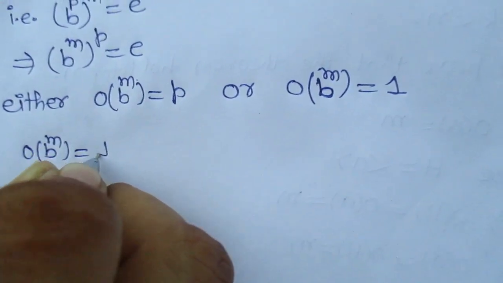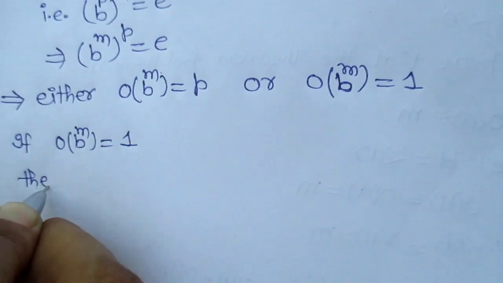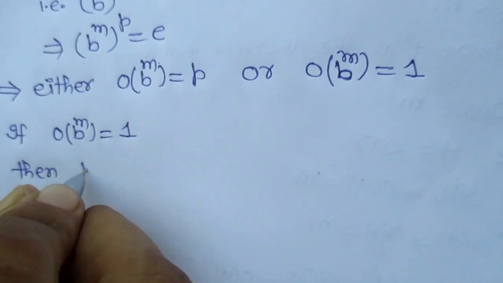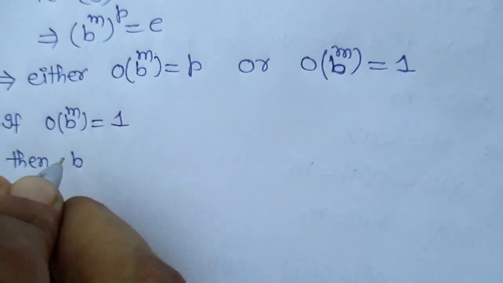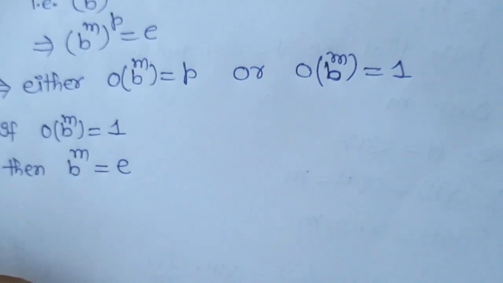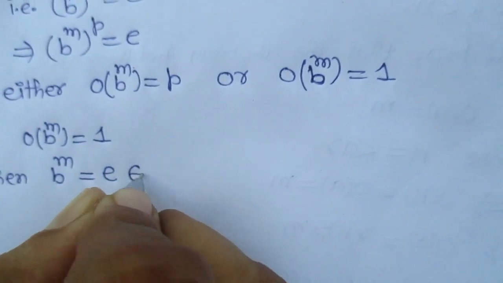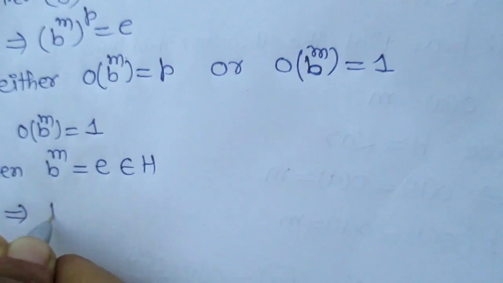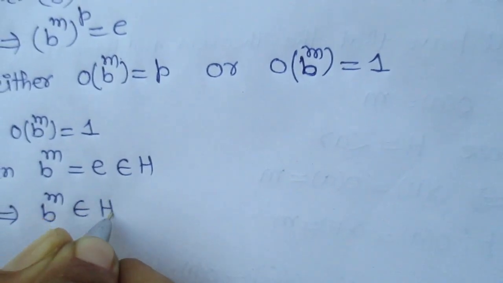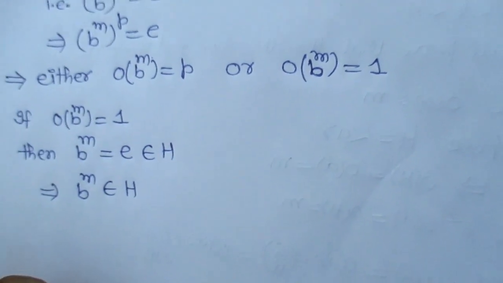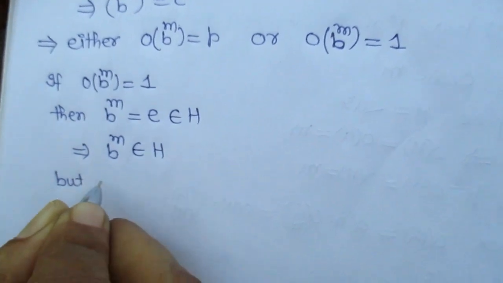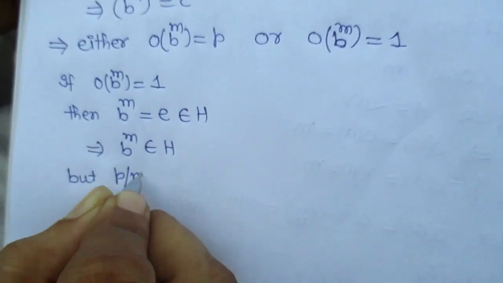If order of b raised to power m is equal to 1, then b raised to power m is equal to identity, which belongs to H. It means b raised to power m belongs to H. But p does not divide m and p is prime.